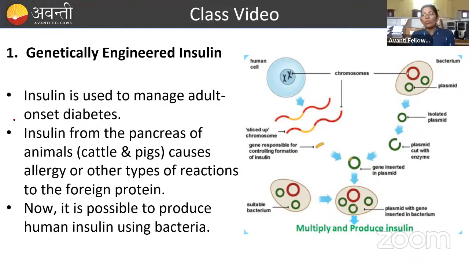Earlier diabetes was not present everywhere, but now wherever we go, we can see at least one diabetic patient. Earlier they used to extract insulin. But before that, what is the connection between a diabetic patient and insulin? Can I get answers in the chat box?